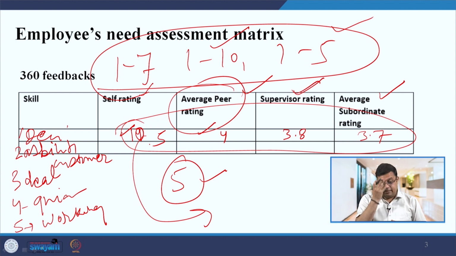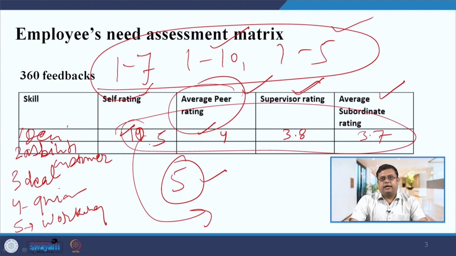So if you have this rating with you for the various skills, you know in which situation that person is going to make low confidence error, in which situation that person is going to make the high confidence error. So that is what you can analyze through this. This is the one analysis that you can do.